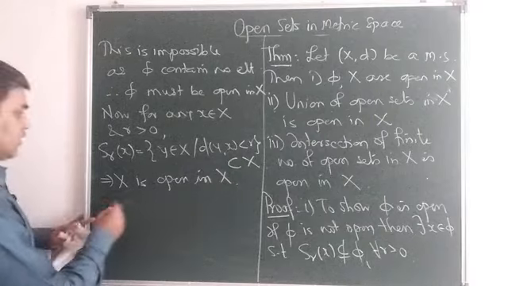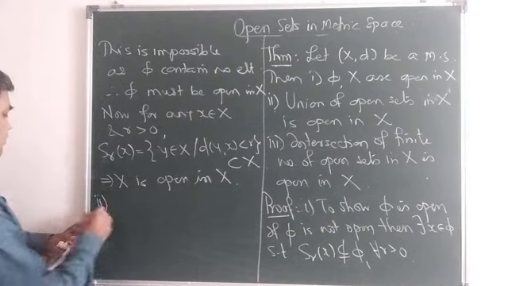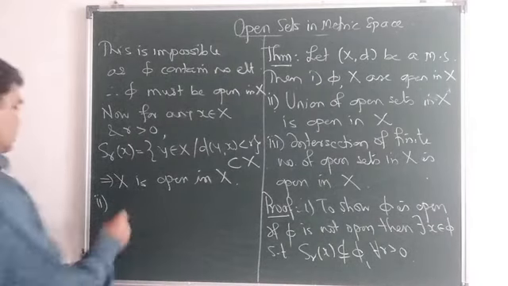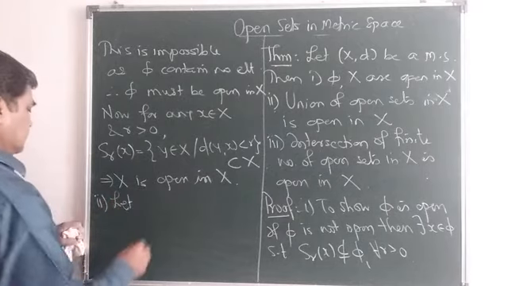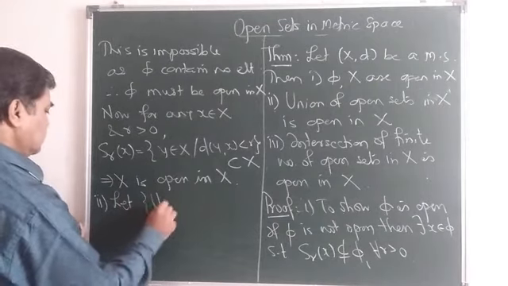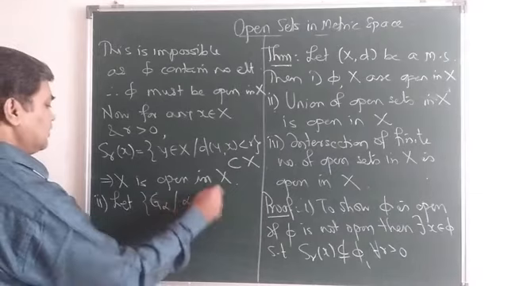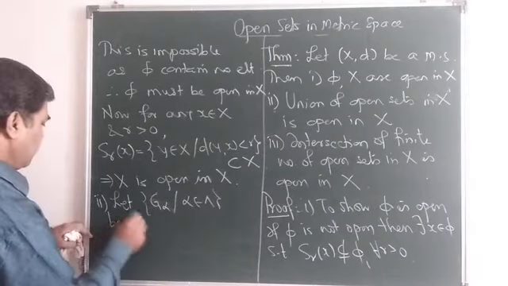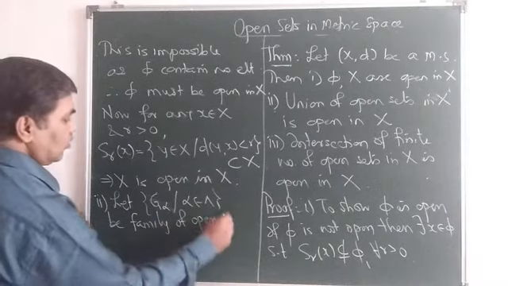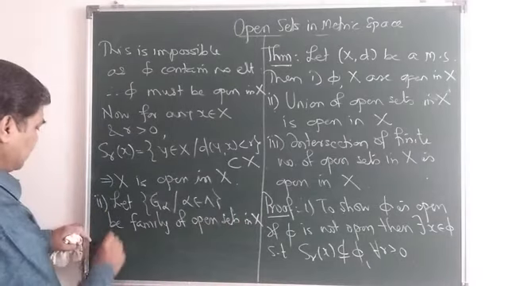Okay, now the next one, second. Let G alpha, alpha belonging to an index set, be a family of open sets in X. What is our aim?